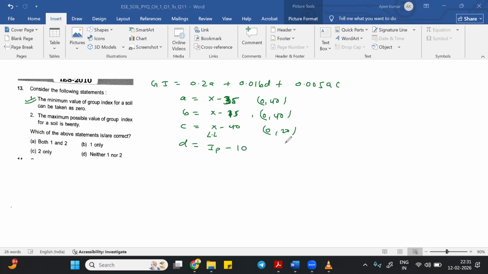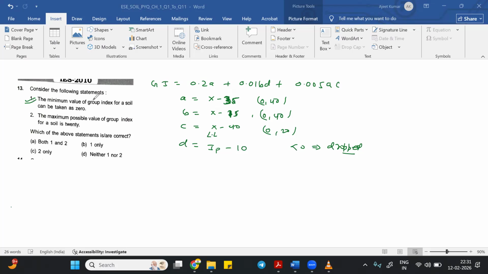If any term is less than 0, that term will be dropped. So the minimum value of group index for the soil can be taken as 0. And the maximum positive value of group index of soil is 20.